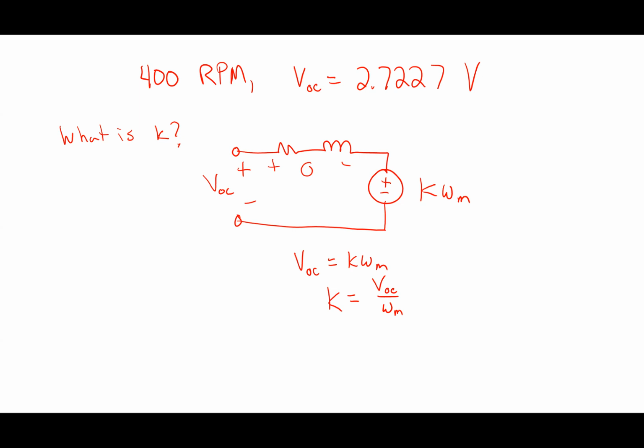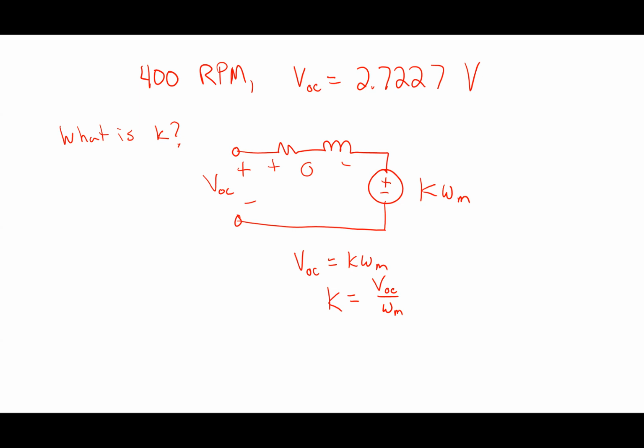Now, if I'm doing this in my typical SI units, what should I do with the omega M? I gave it to you in RPM because that's the way we talk about stuff, but I've got to convert it to radians per second, right?